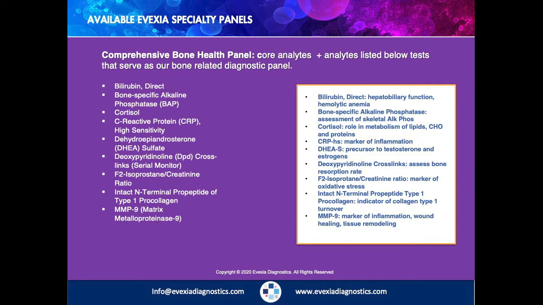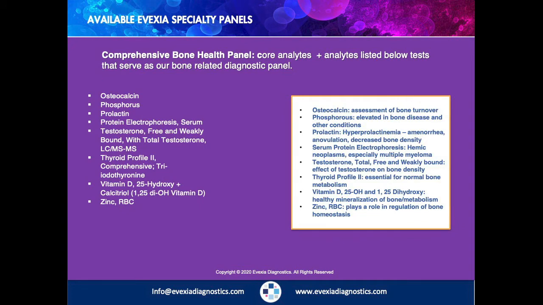Now, this analyte is an indicator of type 1 collagen turnover and is useful in assessment of skeletal remodeling under normal and abnormal conditions. Next analyte is matrix metalloproteinase 9, which is a marker of inflammation, tissue remodeling, wound healing, and mobilization of tissue-bound growth factors and cytokines.